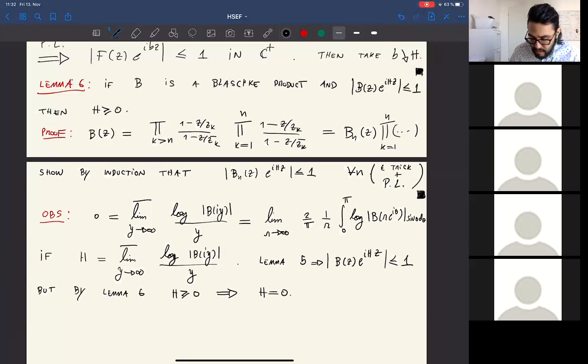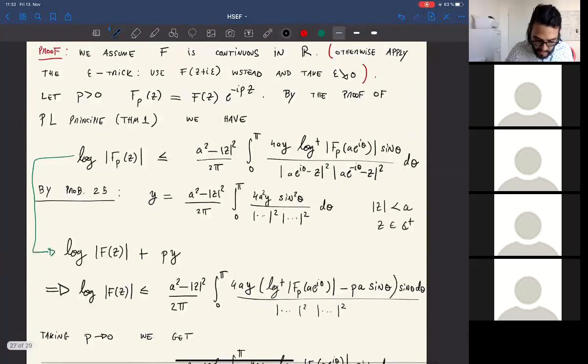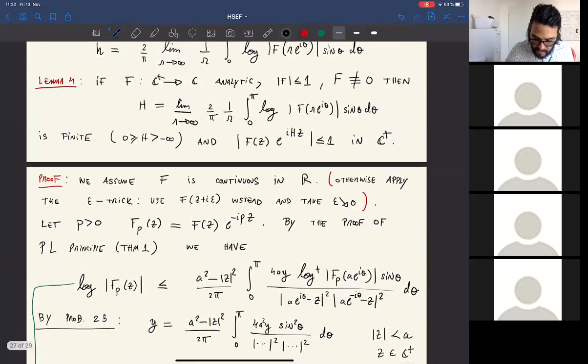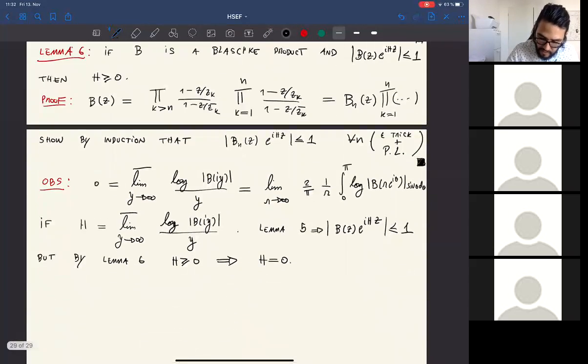And the same thing with the other limit. You just define H as the lim inf here of this quantity.